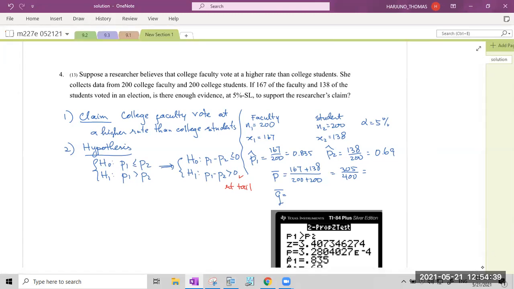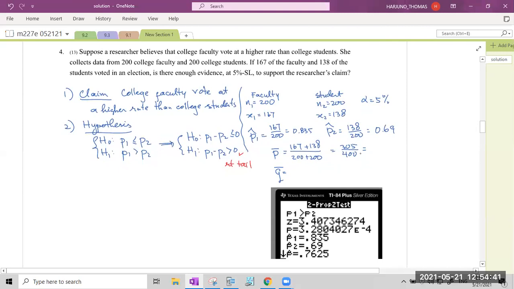So that will be 0.7625, and therefore this is 1 minus P bar, that's 0.2375. So then test statistic.